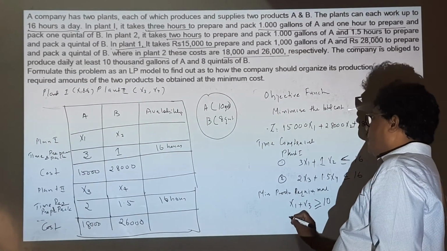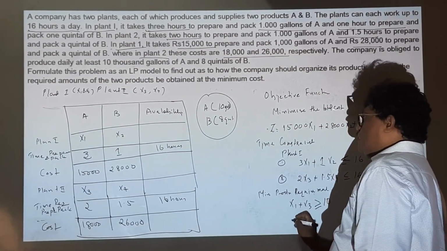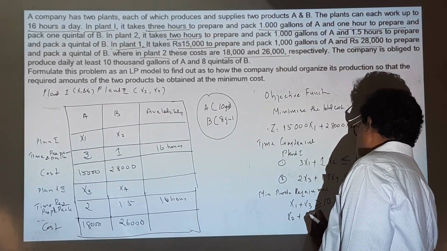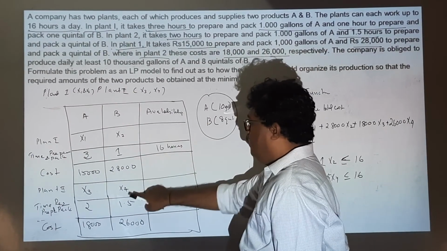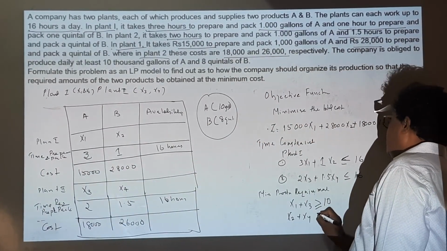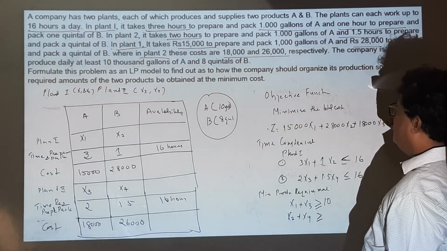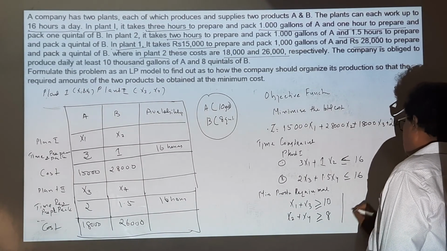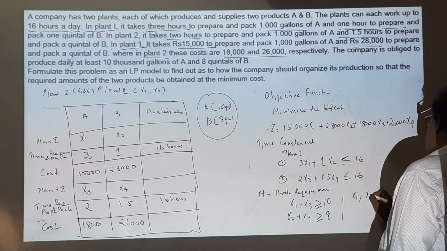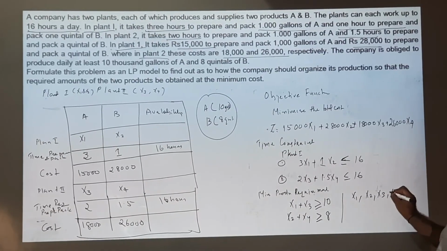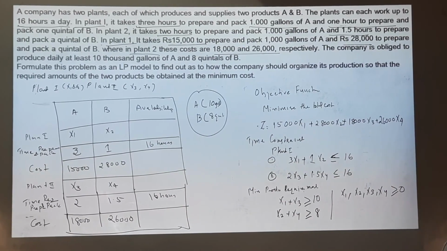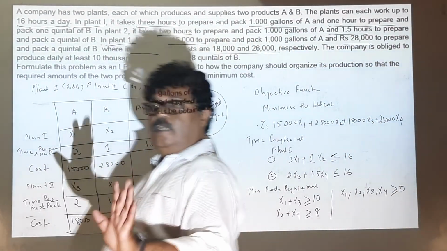The second production requirement is for B: X2 plus X4 is the total output for B, and it should be greater than or equal to 8 quintals. Now the non-negativity condition: X1, X2, X3 and X4 should be greater than or equal to 0. So this is the solution to the problem.